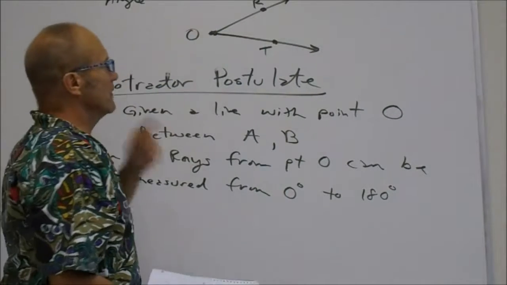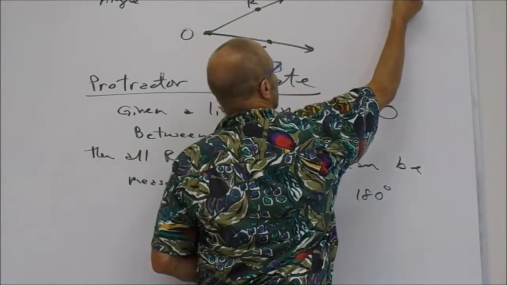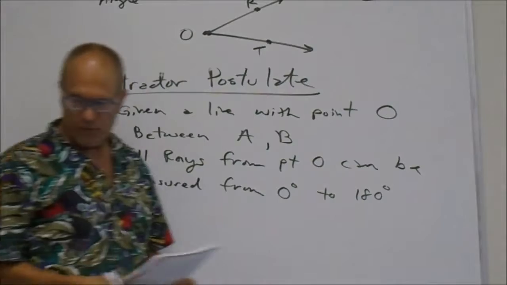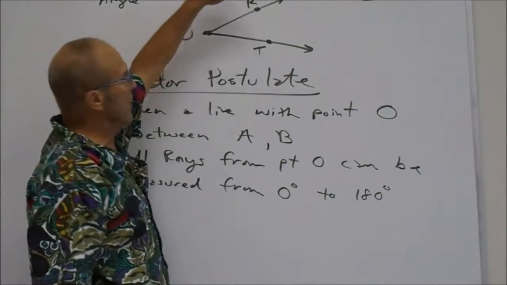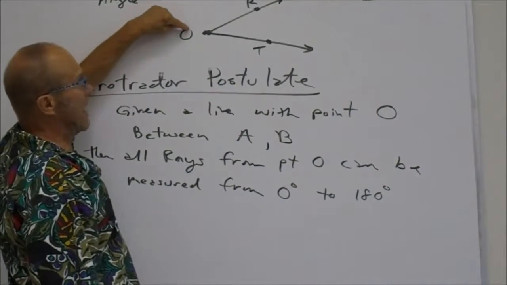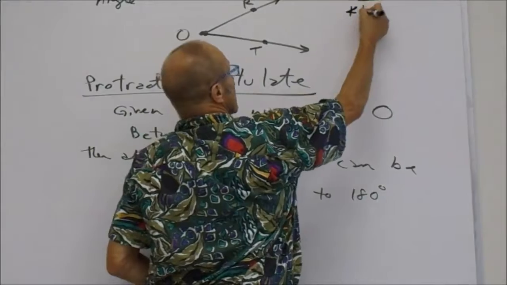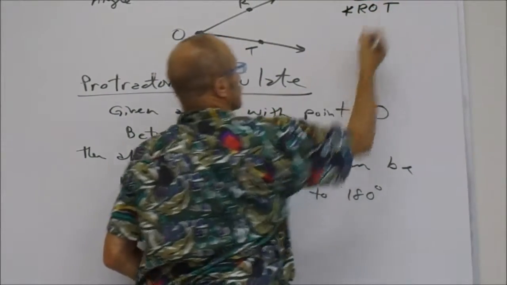Now, when you look at this, there are different ways to name this angle. The easiest way is just to start with one arrow, come into the vertex, which is the common endpoint, out the other way. And so you would say that'd be angle ROT.